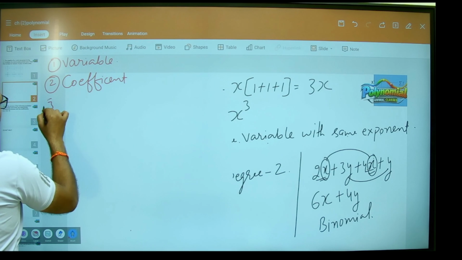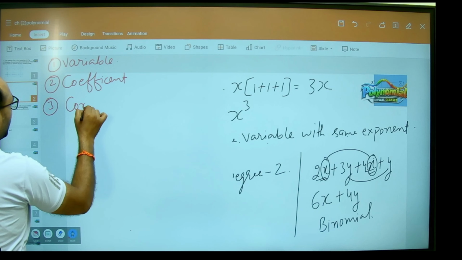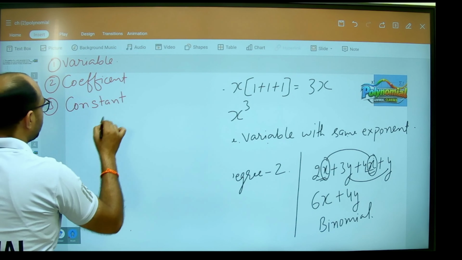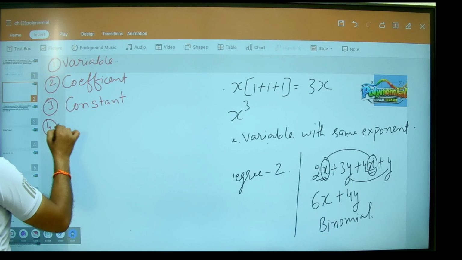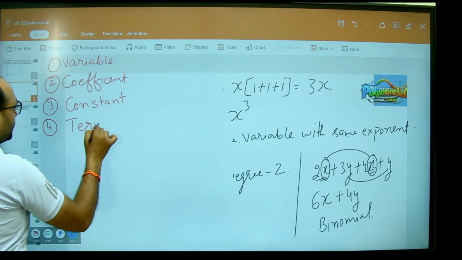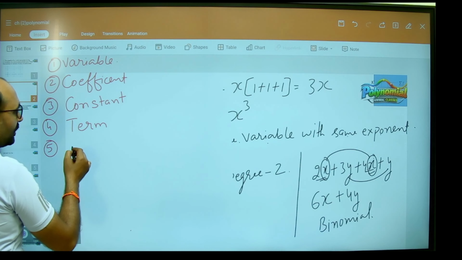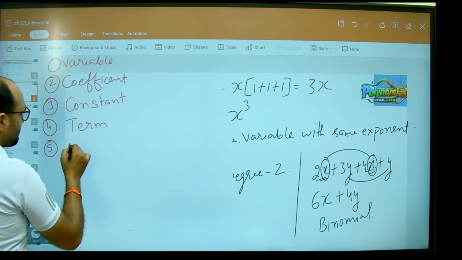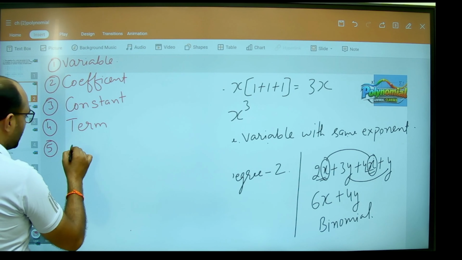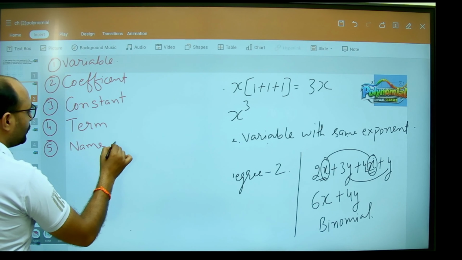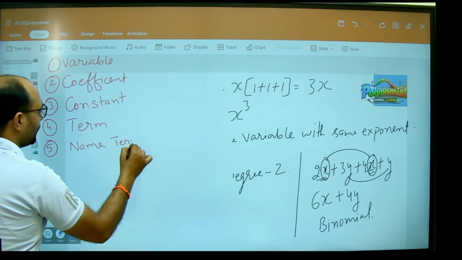We learned about constant, constant term without variable. Then we studied term. What is term? Then we studied naming of polynomial on the basis of terms, name of polynomial on the basis of term and degree.